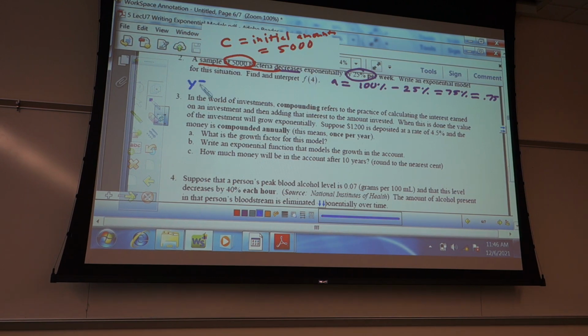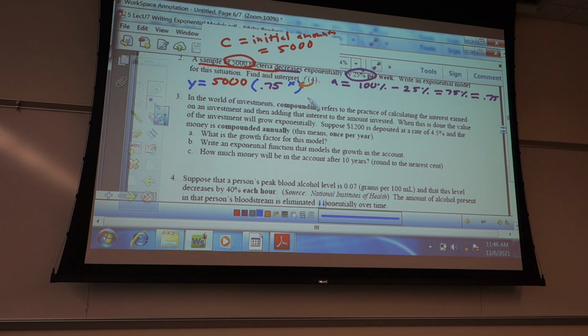So then I have my formula. Y equals my initial amount, C, 5,000, times something to the x power, a to the x power. A is 0.75. Good. Now we need to interpret f of 4. So this means when x is 4. So put 4 in for x.